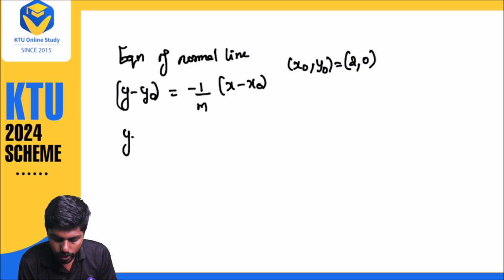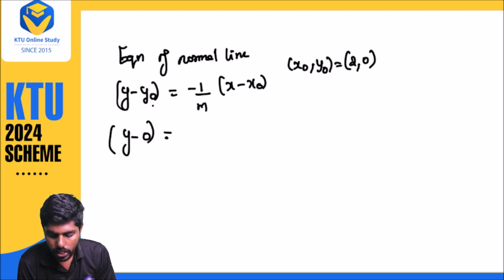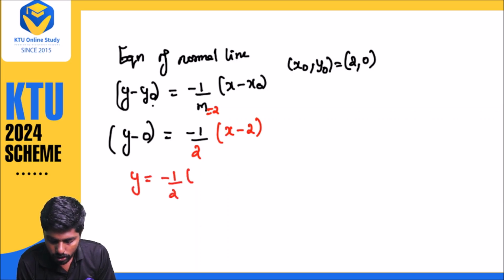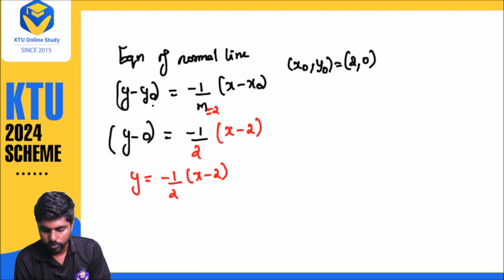So y minus 0 is equal to minus 1 divided by m, and m is equal to 2, into x minus 2. So we get y is equal to minus 1 by 2 into x minus 2. This is our equation of normal line.